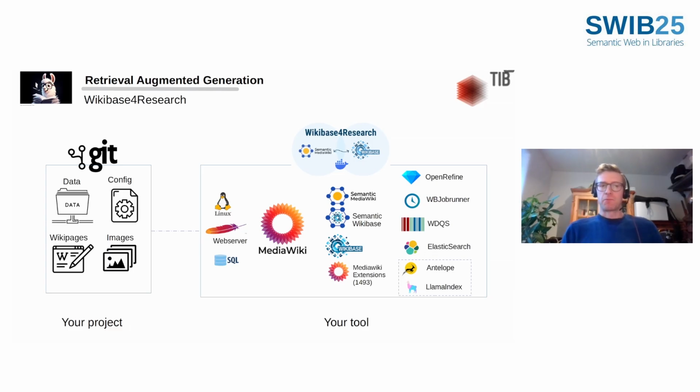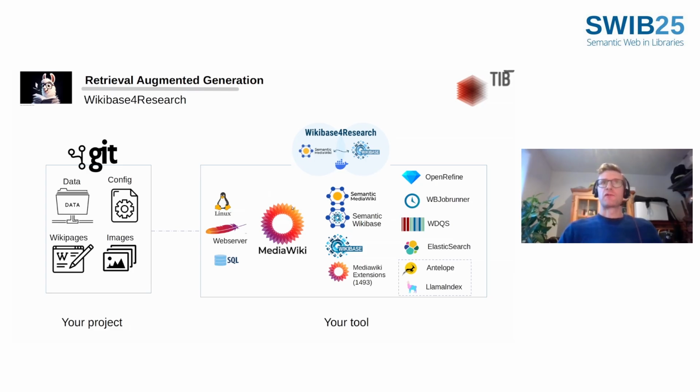Here I speak about projects that are using MediaWiki and Wikibase software for their own data, so holding their own local database or collaborative database for single projects. Wikibase for research is then just a software tool that we use to keep all the IT and software administration out of the research projects.